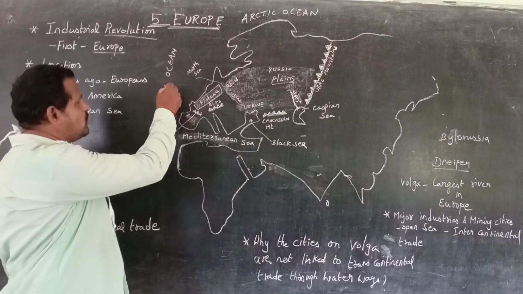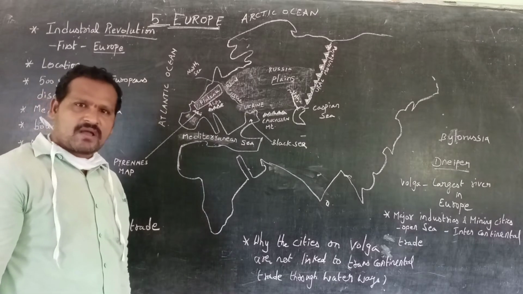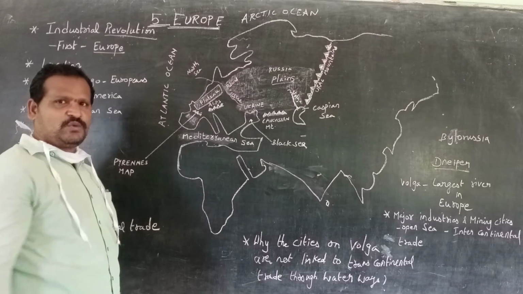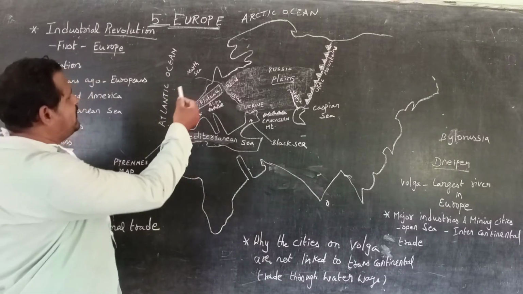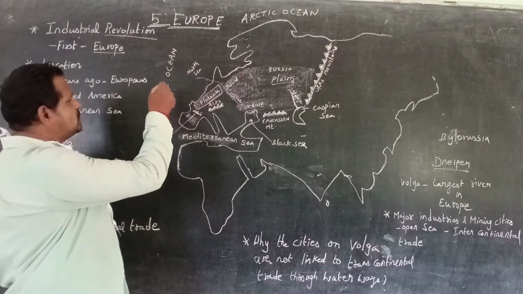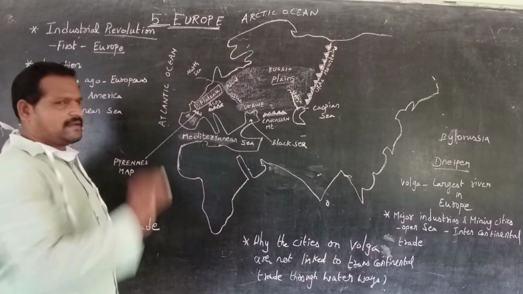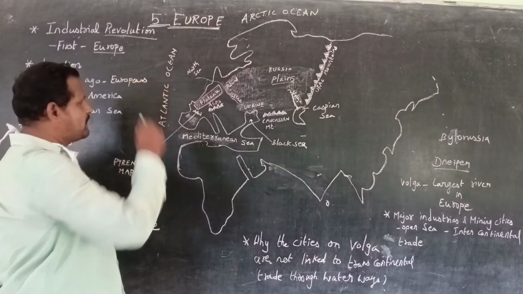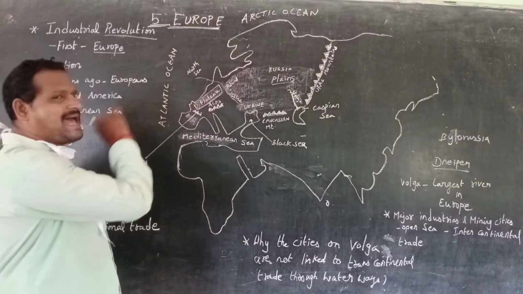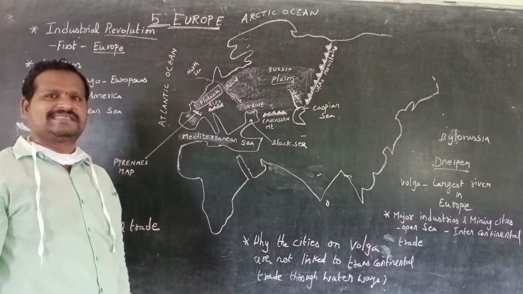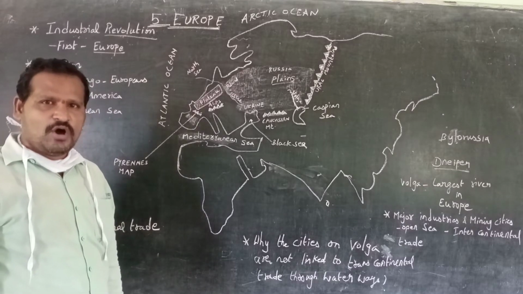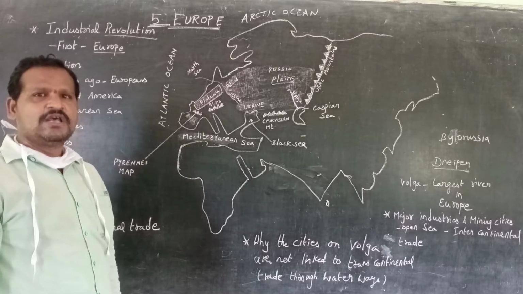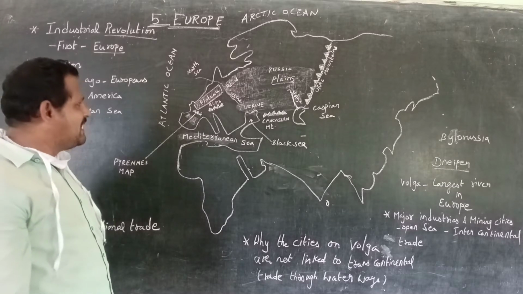The Atlantic Ocean lies between the America continent and the Europe continent. It is frozen with snow throughout the year. Europeans discovered the American continent 500 years ago. Most of the Europeans went to America and settled there.